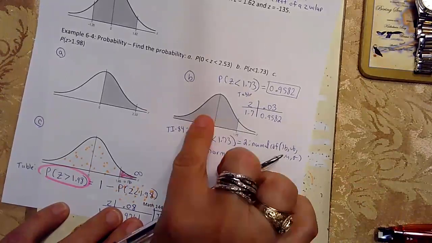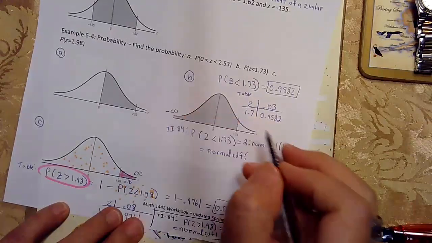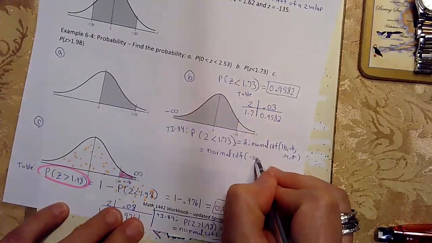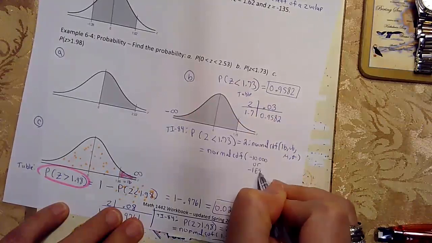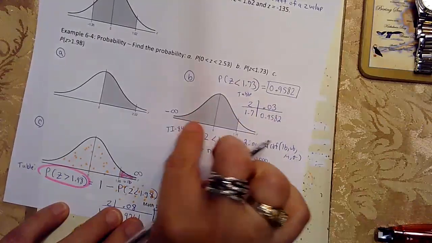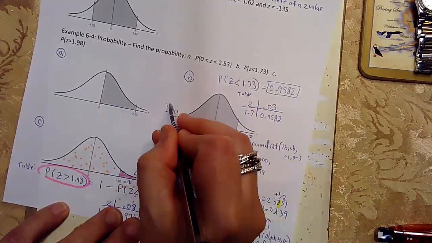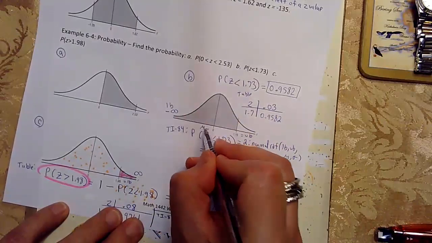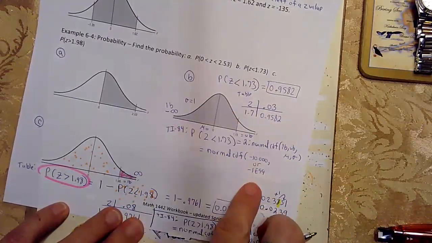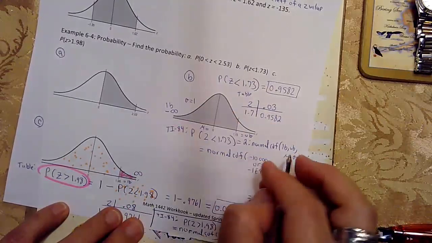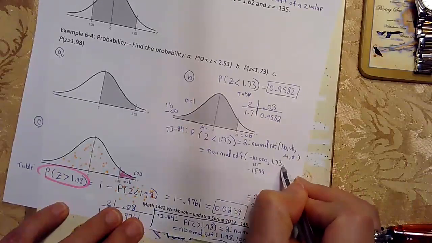So lower bound, negative infinity, or you can do -1E99. Upper bound is 1.73. So lower bound, -10,000 or -1E99, and then 1.73 the upper bound. Then 0 and 1.